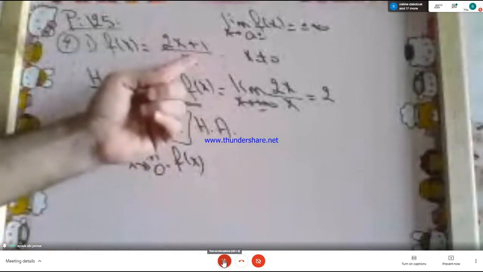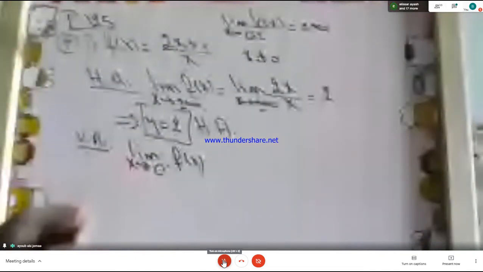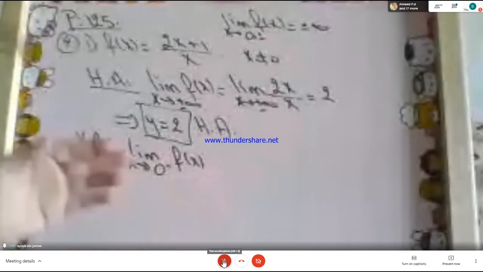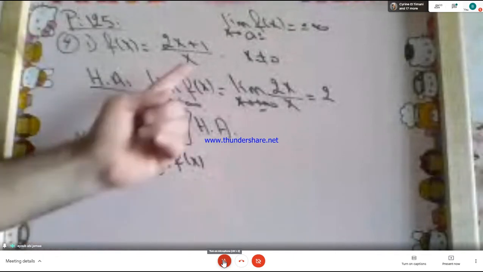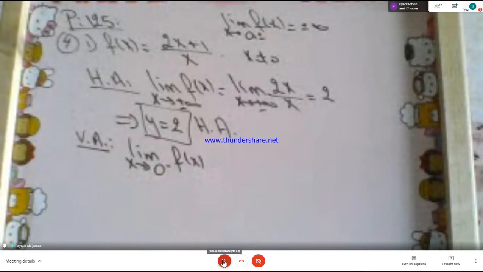Also, when you put the denominator equal to 0 and find limits at the roots, sometimes it's not infinity. I'll give you an example about it. But in general, in order to find these numbers, you put the denominator equal to 0, consider the roots, and find the limit at these roots.